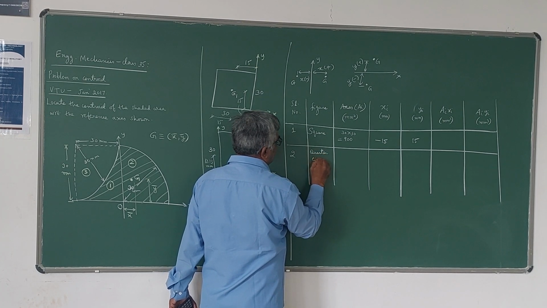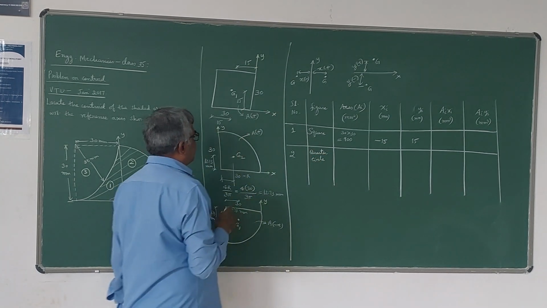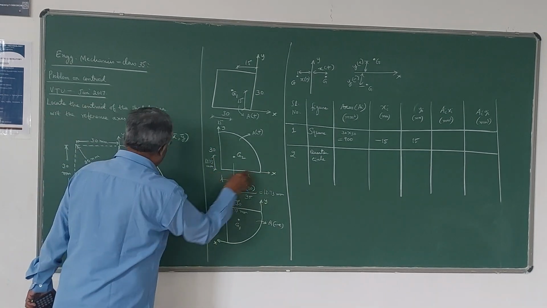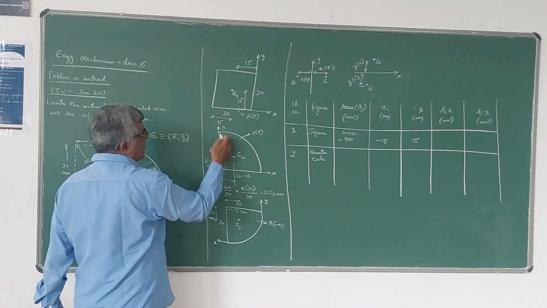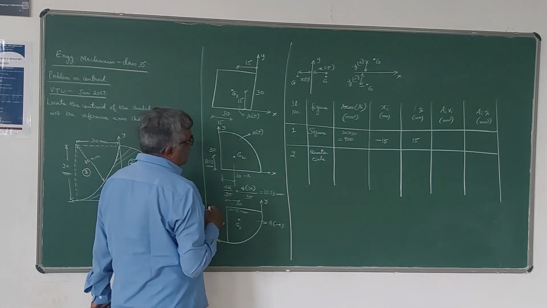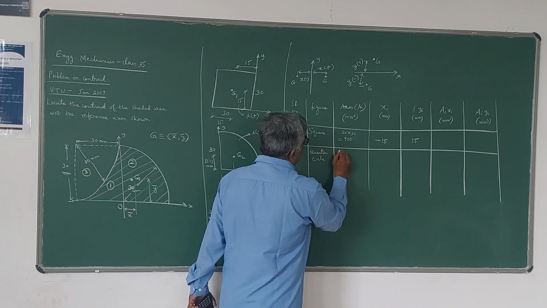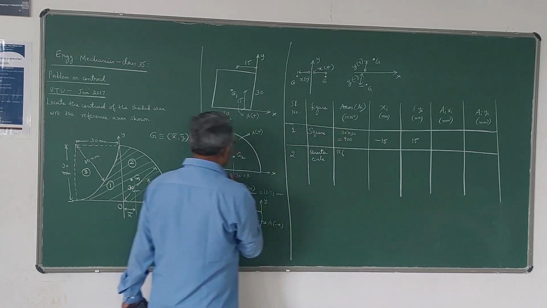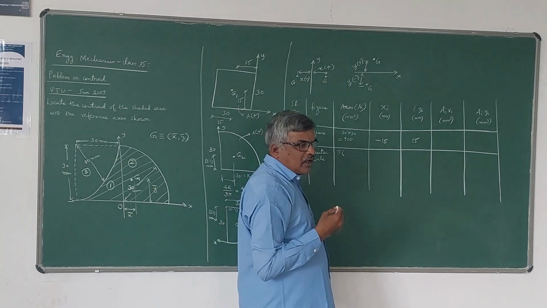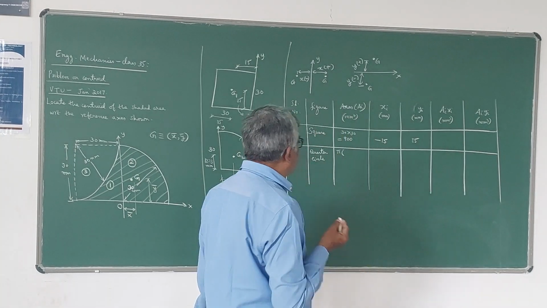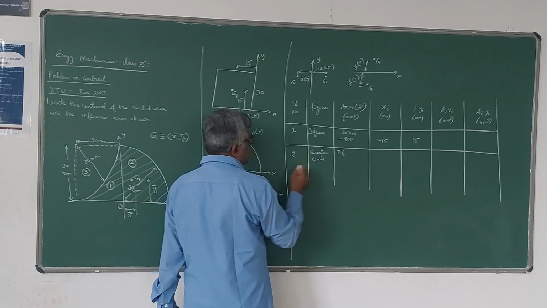Quarter circle, area is positive here. This is the quarter circle. Here, once again, the x-axis is this one, the y-axis is this one for this quarter circle. So the area of the quarter circle is pi r square by 4, where r is here 30. For a square it is, for a circle it is pi r square. For a quarter circle it is pi r square by 4. Here r is 30 mm.